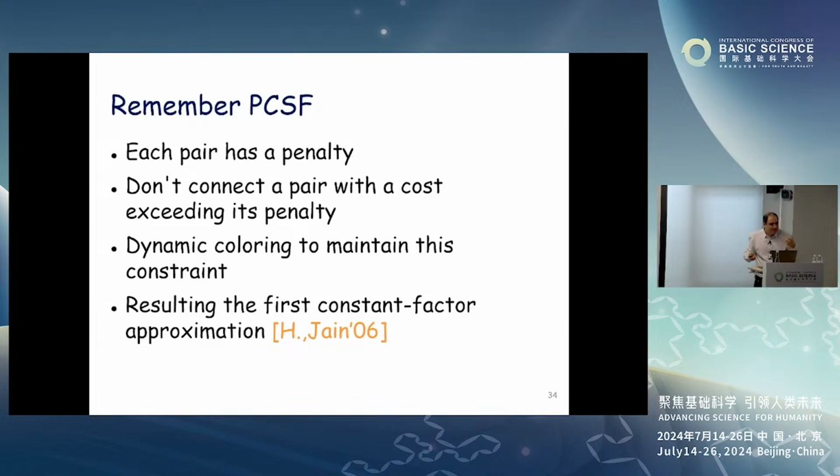Essentially that's price collecting Steiner. This is the thing.